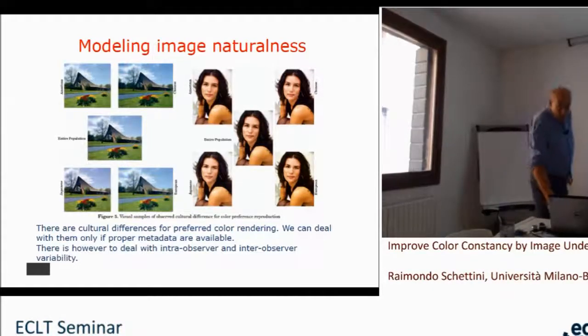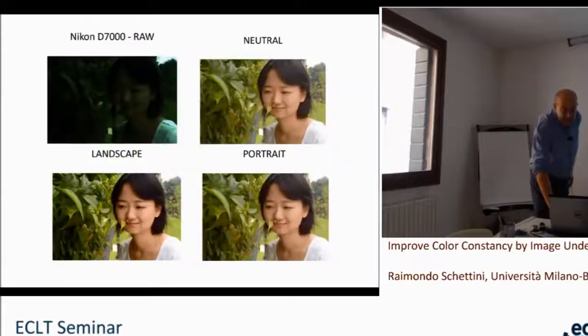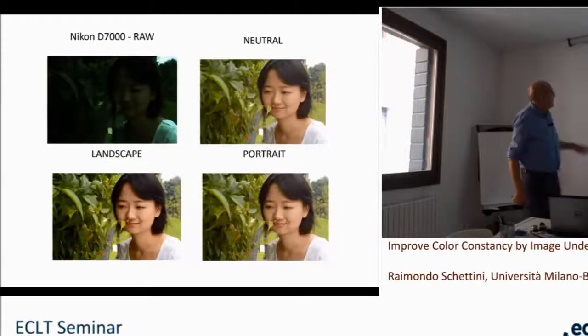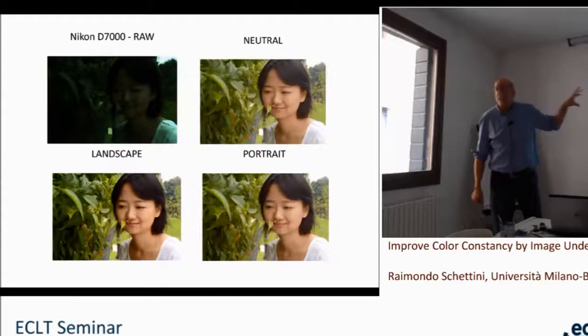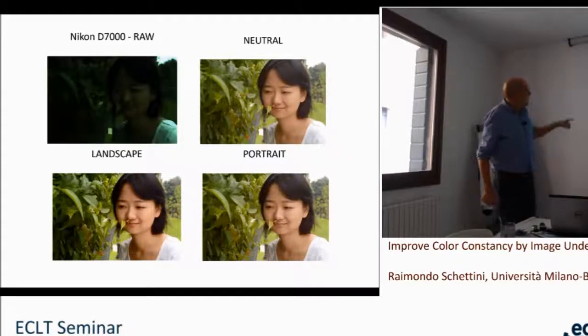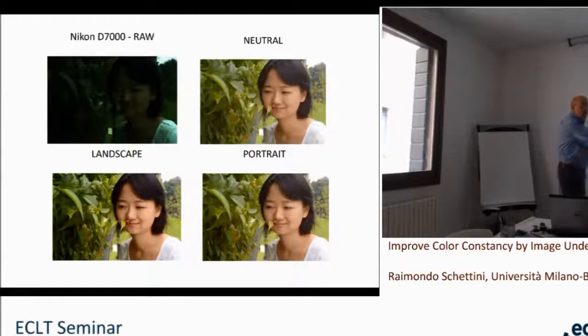So, you don't only have to model that, but we have to model that also with respect to different GPS coordinates. You can see here on Nikon, the same scene rendered for different types of scene.